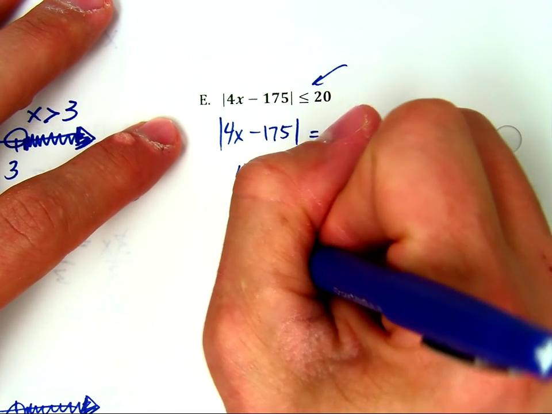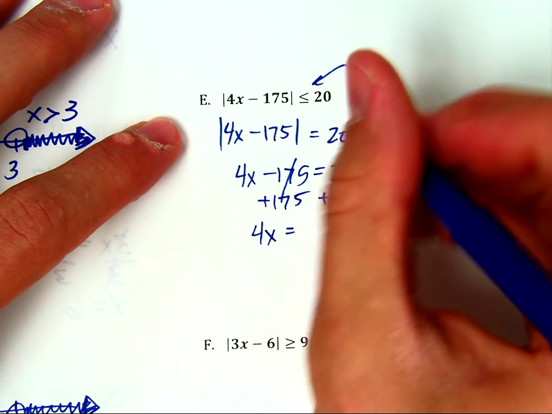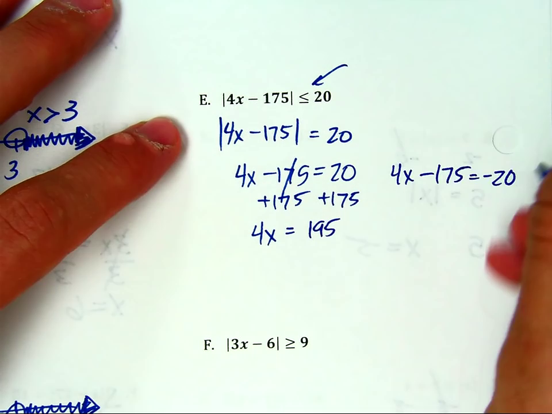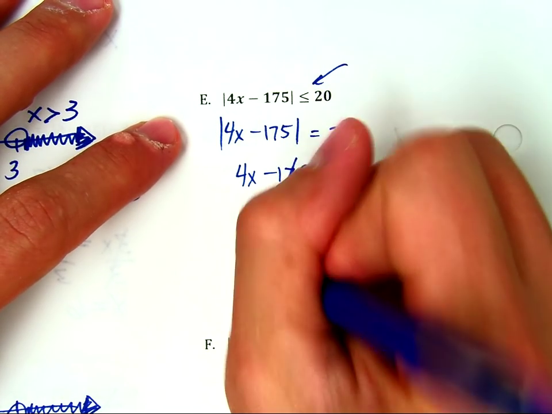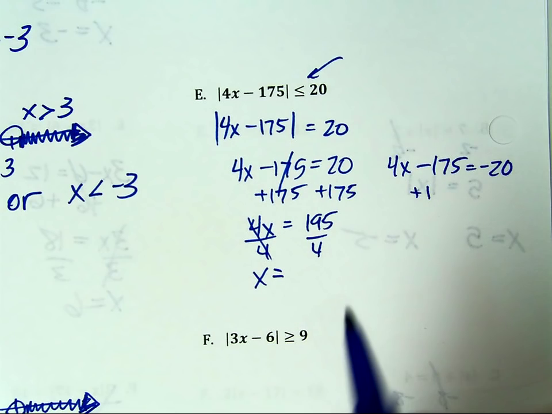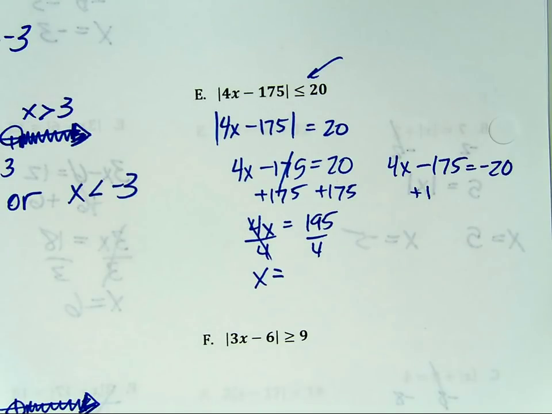So 4x is equal to 195, and then we'll divide by 4, and x is equal to 195 divided by 4, which is 48.75.